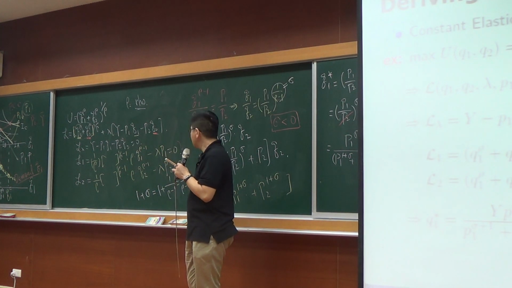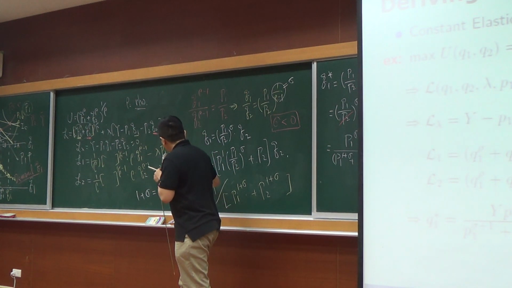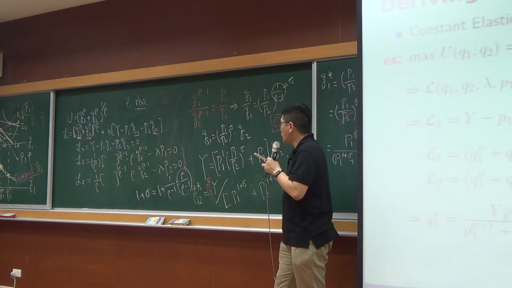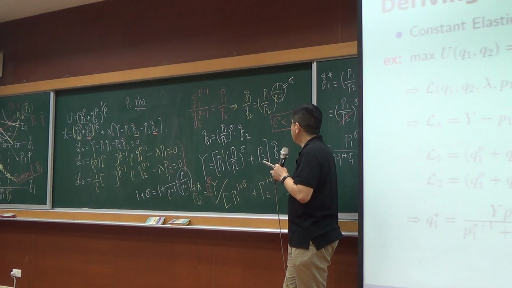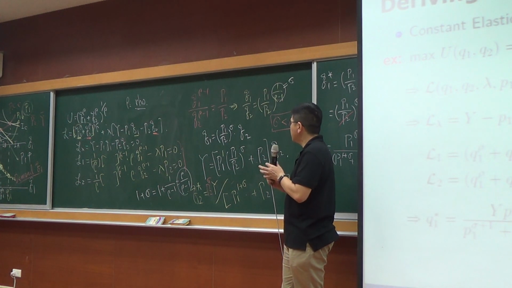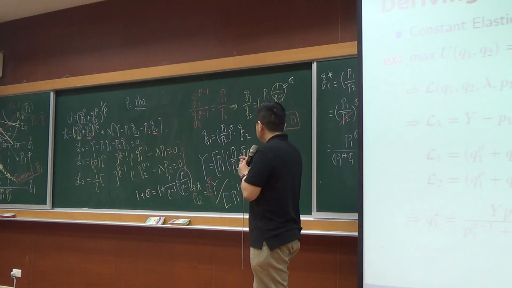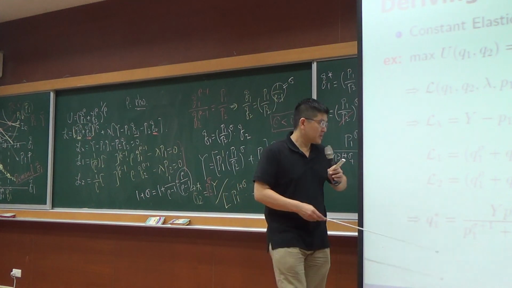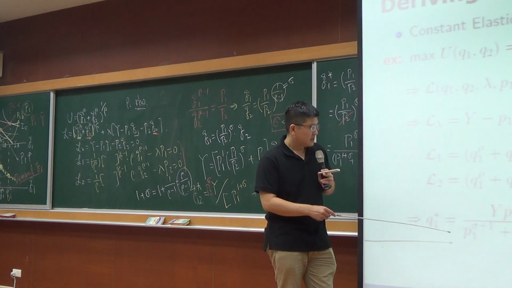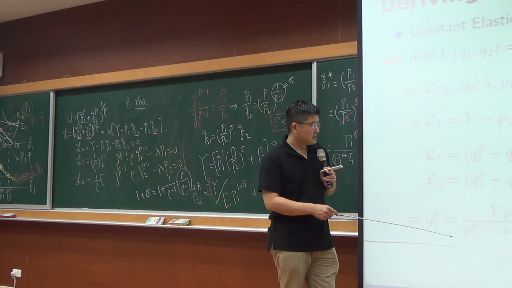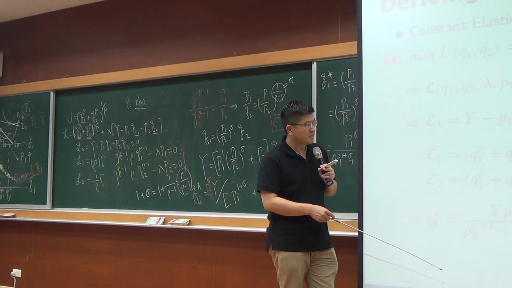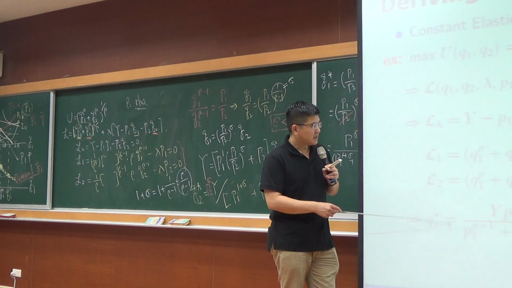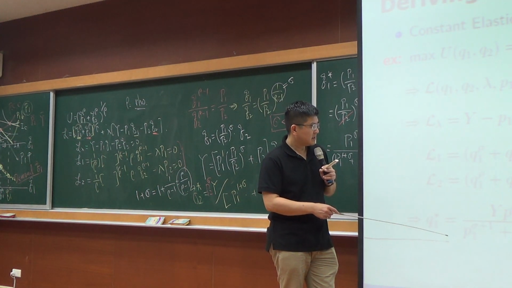Okay? So this term can be positive or negative. But it doesn't matter. Why did I say that it doesn't matter? Because, okay, actually it matters a little bit. But here, let's have a look.